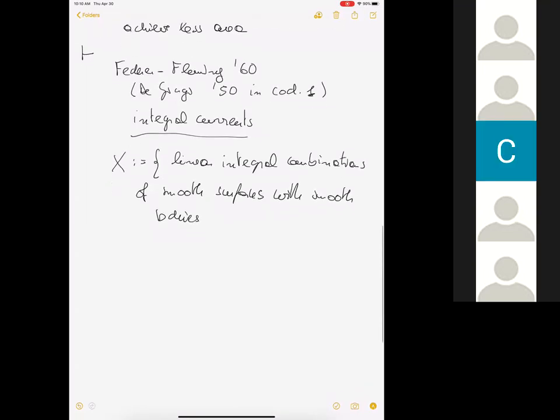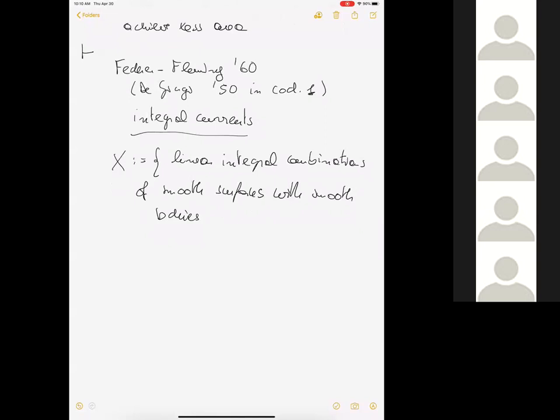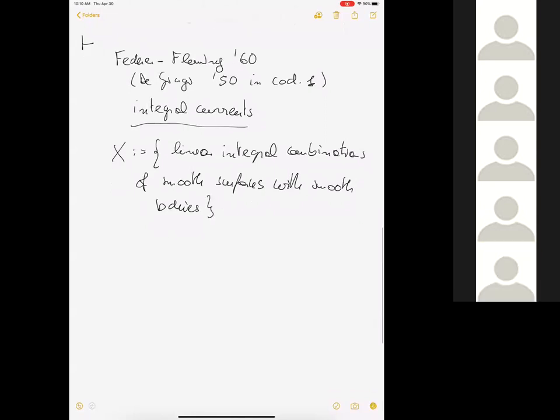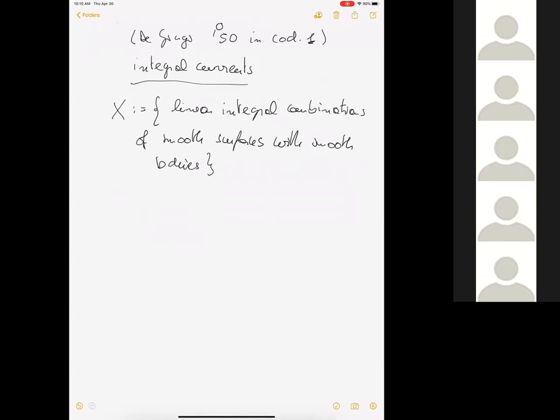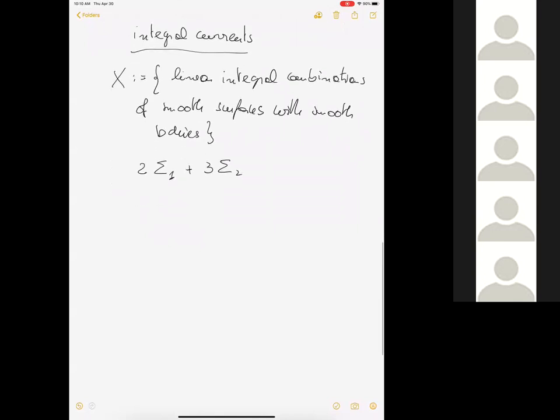Okay, so here by surfaces, of course, I just mean n+1 dimensional surfaces. So by this, I mean that I might actually consider 2 times the surface sigma, for instance. So I could consider something like 2 times the surface sigma 1, and I don't know, 3 times a certain surface sigma 2. They have to be oriented.